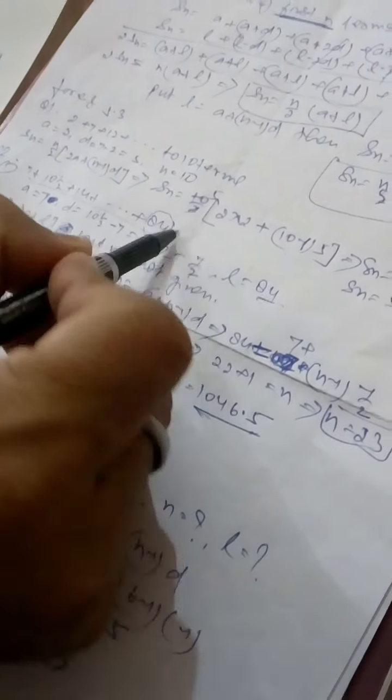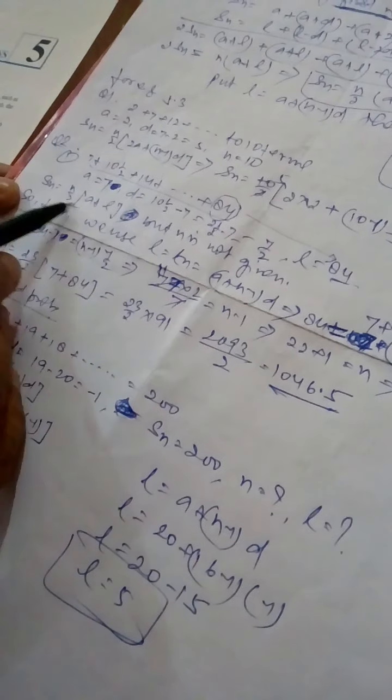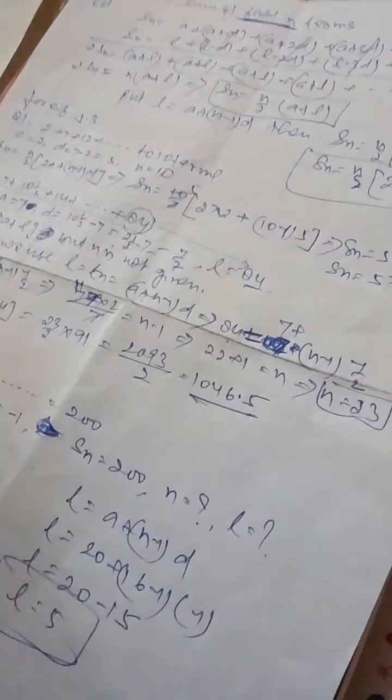Last term is 84. So Sn equals n by 2 into (A plus L), but n is not given. So first we will find n by the formula L equals A plus (n minus 1) into D. Putting the values, L is 84, A is 7, n we have to find, minus 1 into D, that is 7 by 2.